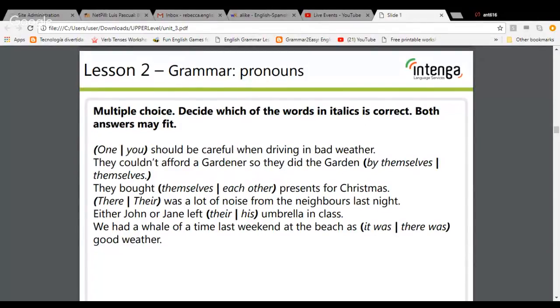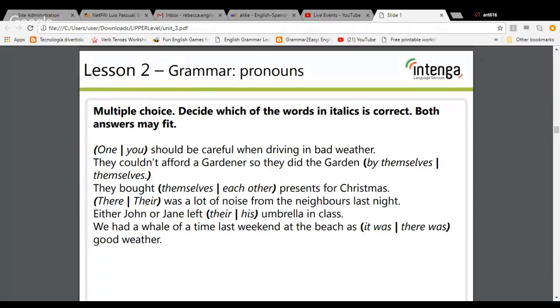They bought each other presents for Christmas. Okay. Yes, I agree with that. So what does that mean? They bought the Christmas presents, each, same word. Yeah, in both ways, kind of. Okay, well, I definitely understand that.